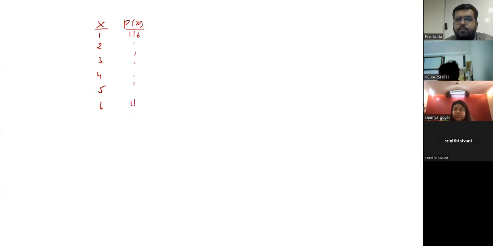Let's say I roll a die, my x will be 1, 2, 3, 4, 5, and 6, and my p of x will be 1 by 6 for all. Can you please find expectation of x and variance of x? I'm giving you 2 to 3 minutes. Quickly find it.